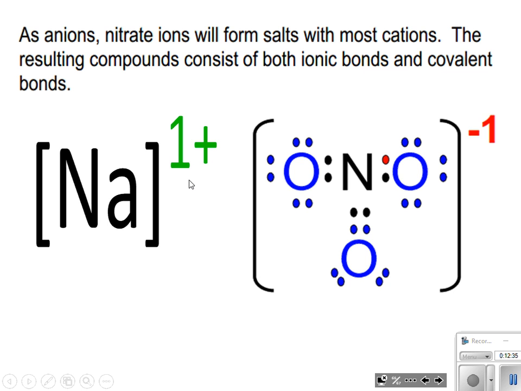If you have a polyatomic ion, you have both, because it will ionically bond with sodium right here, but these are all covalently bonded. So when you're dealing with the polyatomic ion, you have covalent bonding occurring also with ionic bonding here.